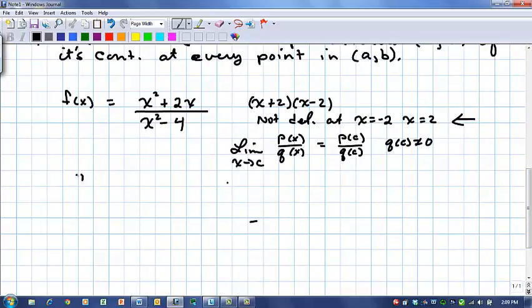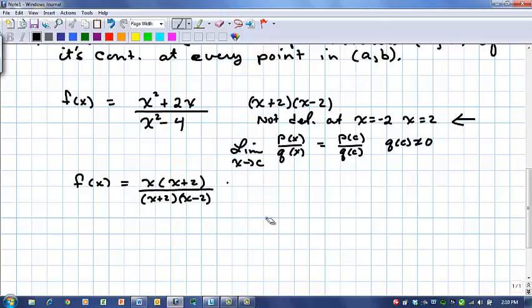Before I look at the limit, I'm going to simplify this function by factoring. The numerator is x times x plus 2, and the denominator is x plus 2 times x minus 2.